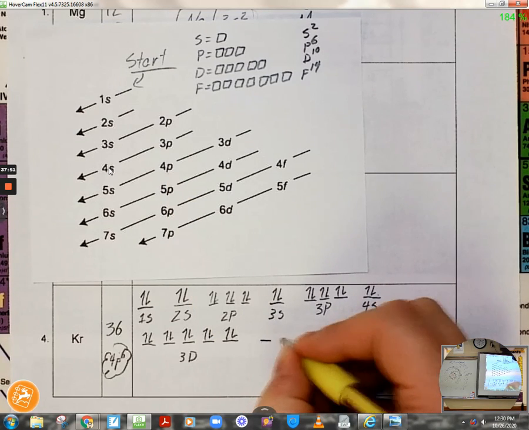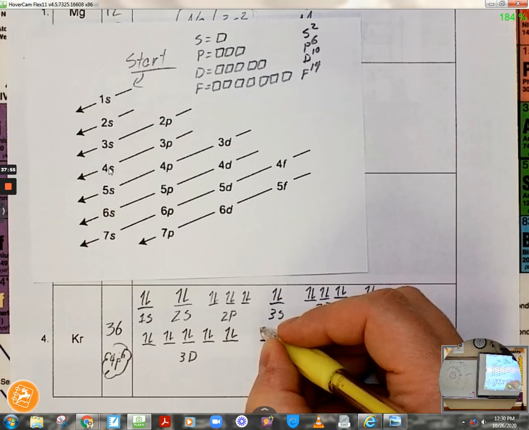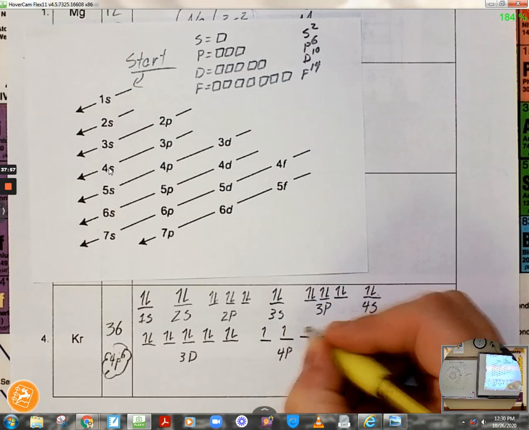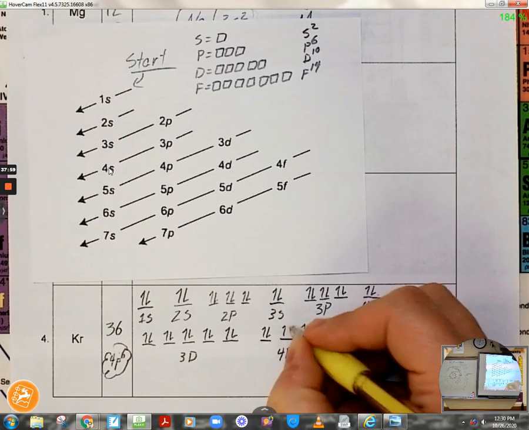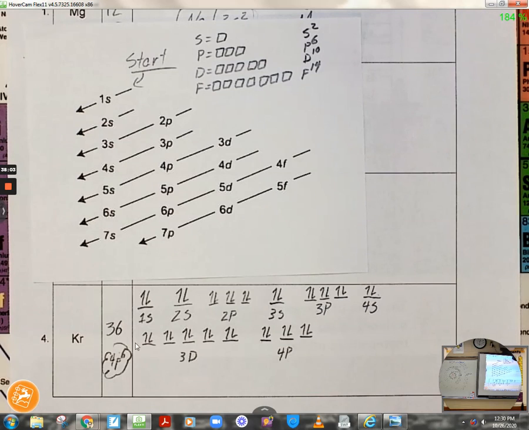These have 3 orbitals. Here's 4p. Okay? So, 31, 32, 33, 34, 35, 36. Where did we say we'd end up? 4p6. And we did, right?